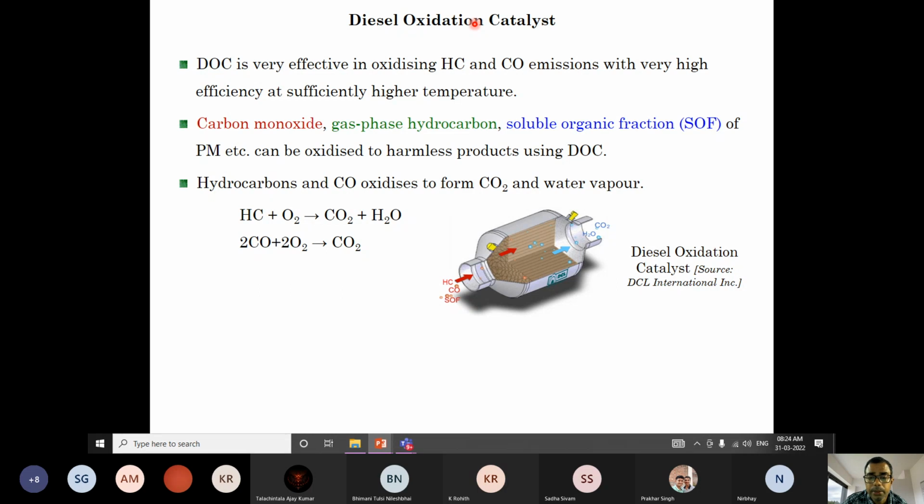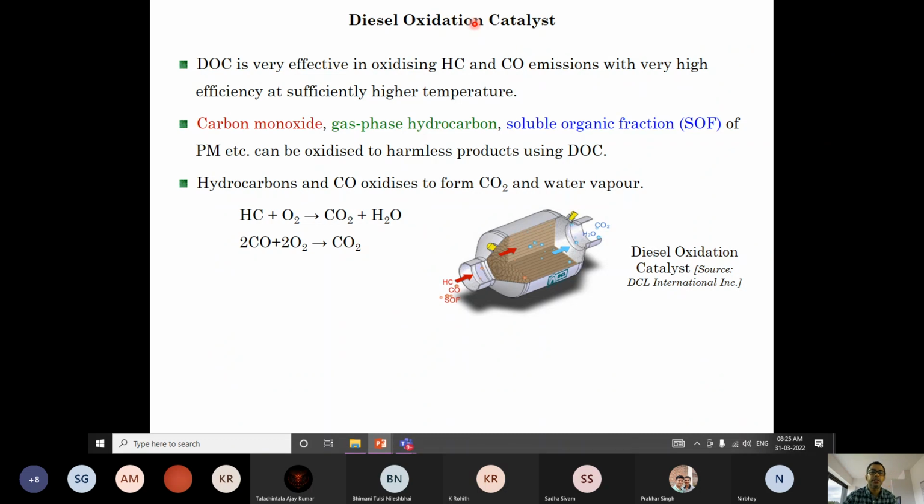You need to find out why that is. In the diesel engine, we use an exhaust after-treatment technology called DOC, diesel oxidation catalyst, that takes care of only two pollutants, HC and CO. It's not like the TWC, the three-way catalytic converter, that takes care of HC, CO and NOx.